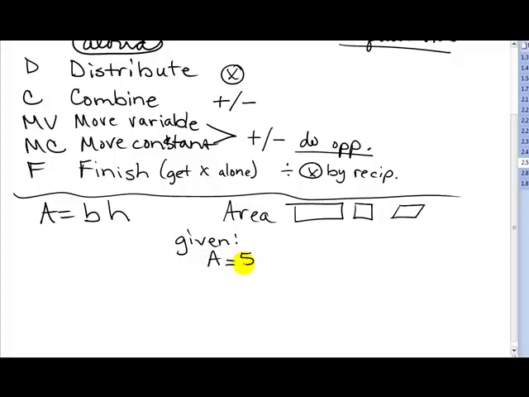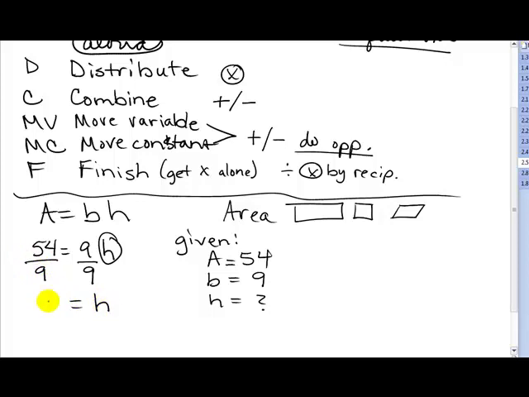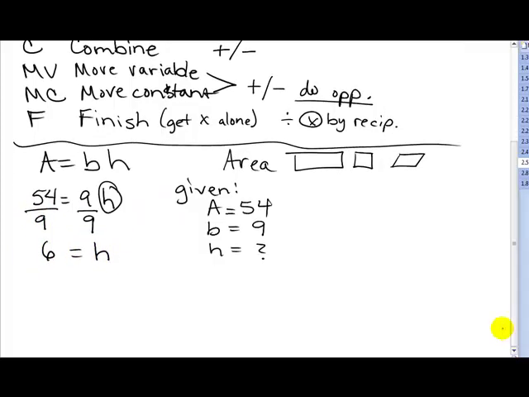Area equals 54 and the base equals 9, but we don't know what the H is. And so we plug these in, substitute it. We're solving for H, so we divide by the number that's with H on both sides, and H is going to be 6.